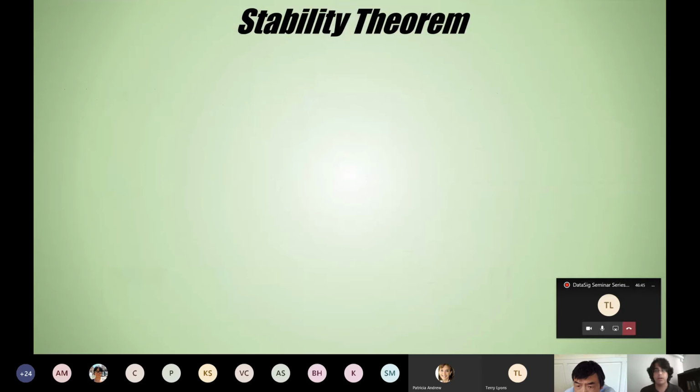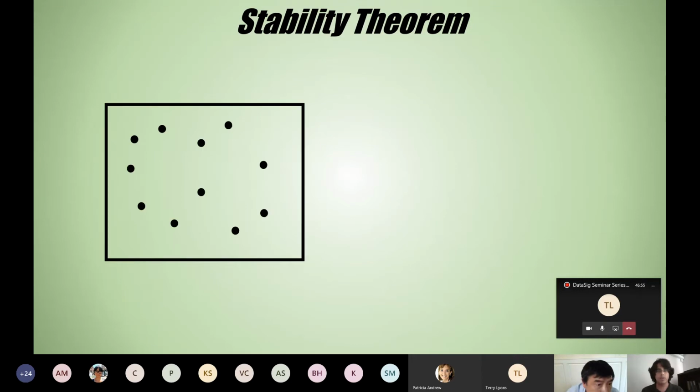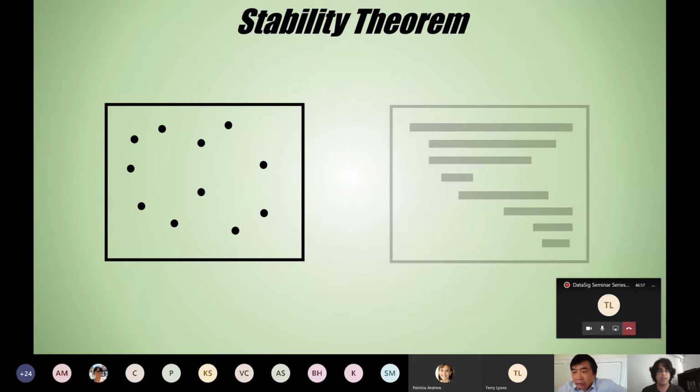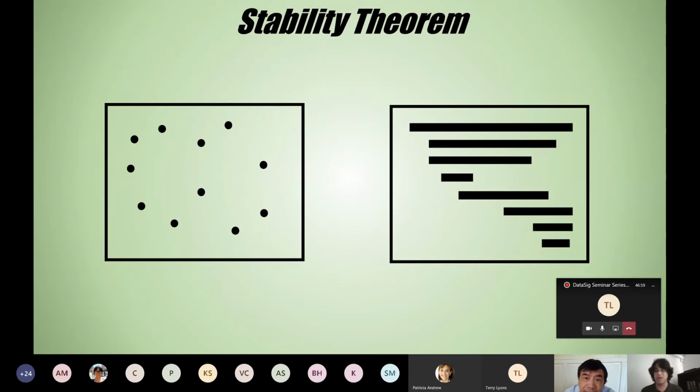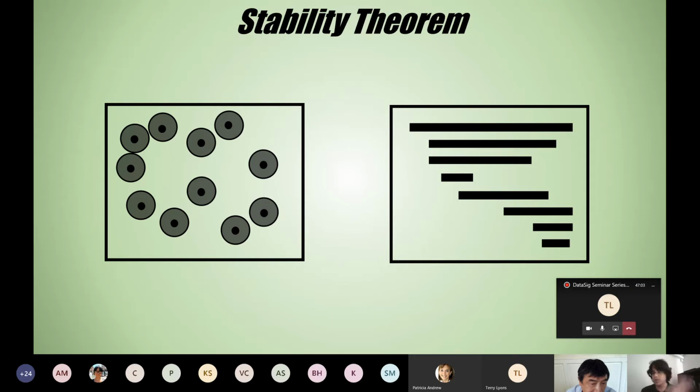But let me point out that the reason this sort of thing is not patently ridiculous to do with data is that there's a lovely stability theorem. So here's our metric space that we started with. And let's say this was the barcode in some dimension D. Let's say there was some noise in how you got these points, which means you perturb all these points. That's the level of error. So the gray balls that I've drawn around these points.